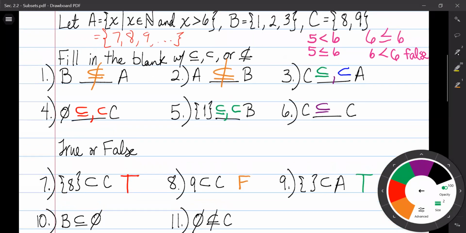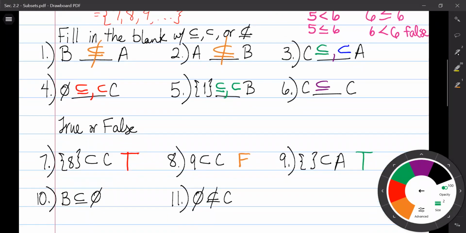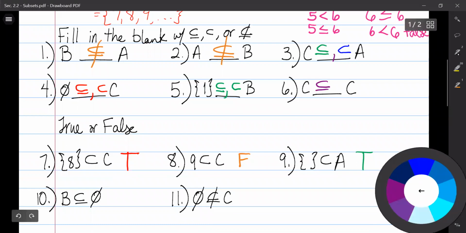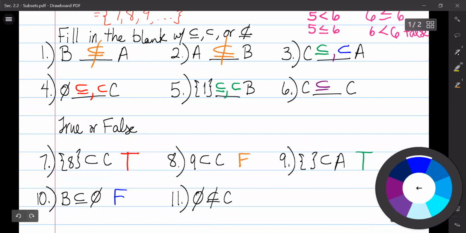That would be false. The empty set doesn't really have any subsets other than itself. And then number 11 says the empty set is not a subset of C. That would be false because it is a subset of C, because it's always a subset of every other set.